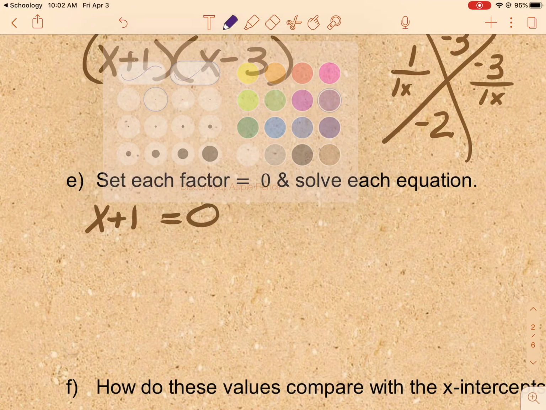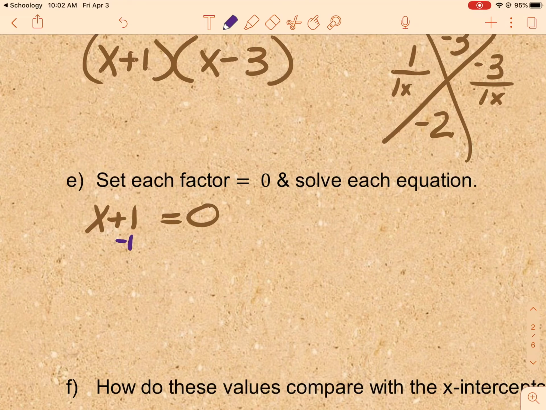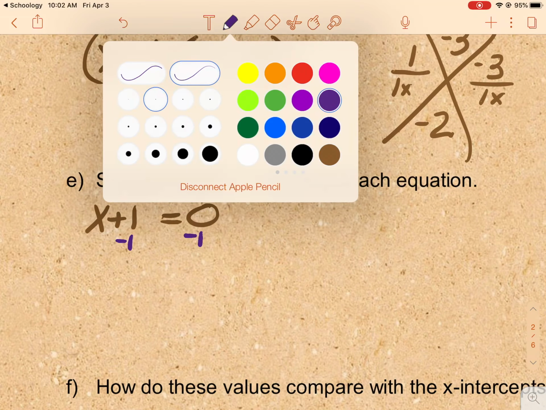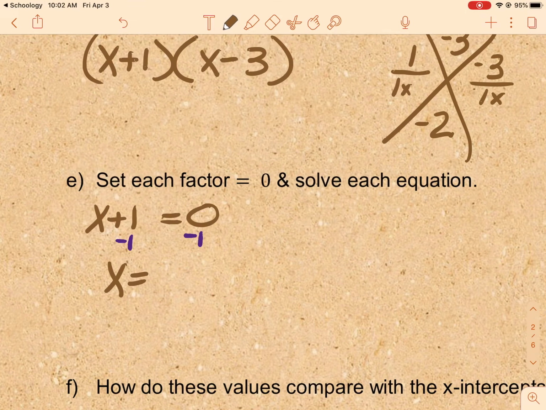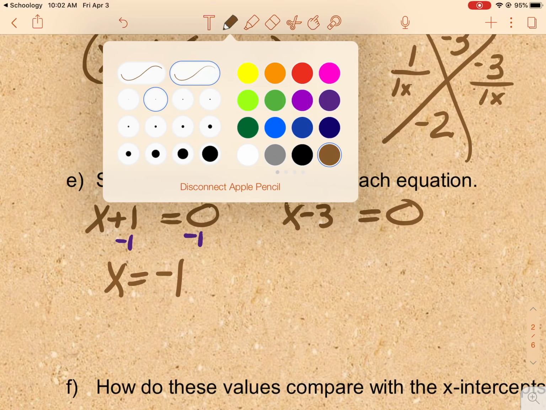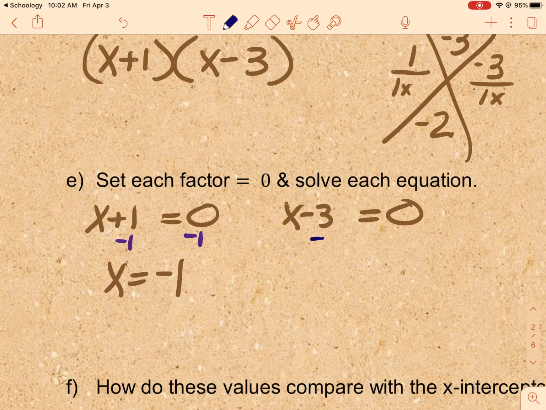To solve this, I would subtract 1 on both sides, and you get x = -1. Our other factor, x - 3 equal to 0, we don't need the parentheses. To solve, we would add 3 to both sides, and we get x = 3.